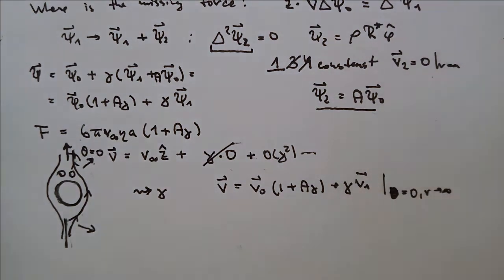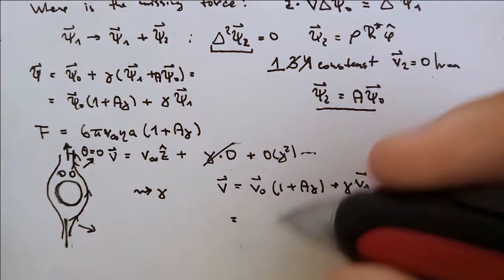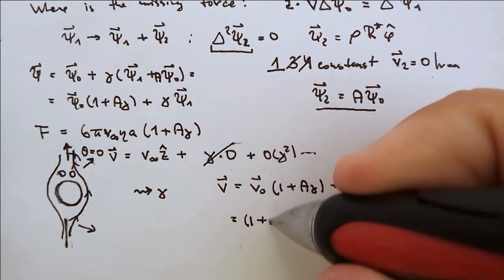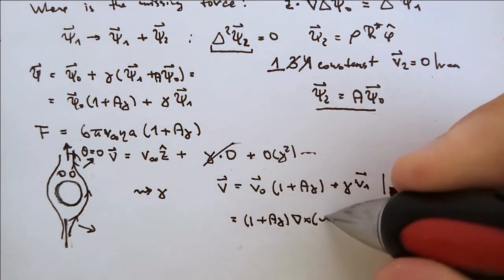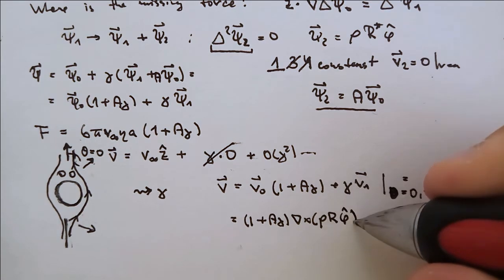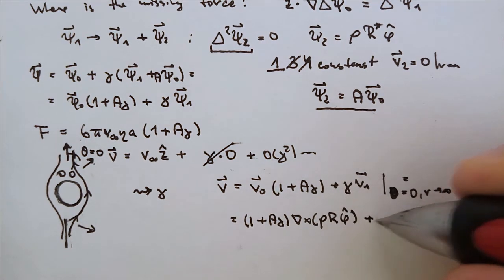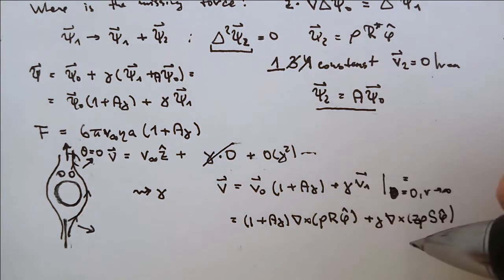From this we know that v0 is the curl of psi 0. So this is psi 0, which is rho r phi, plus gamma of this, which is z as rho as phi hat, which is exactly v1.